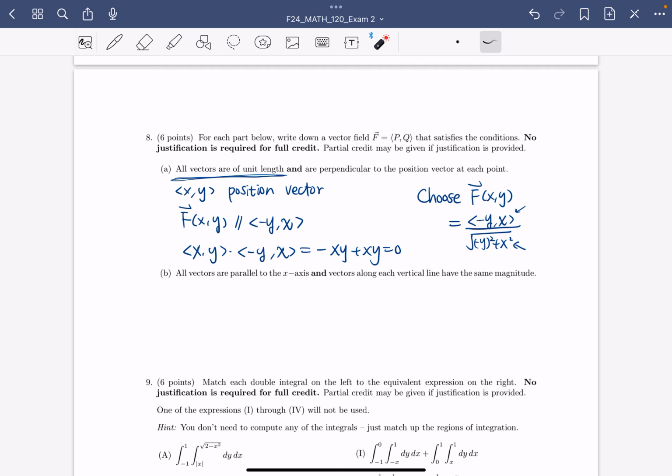This is part B. Okay, parallel to x-axis. So f(x, y) is parallel to (1, 0), right?